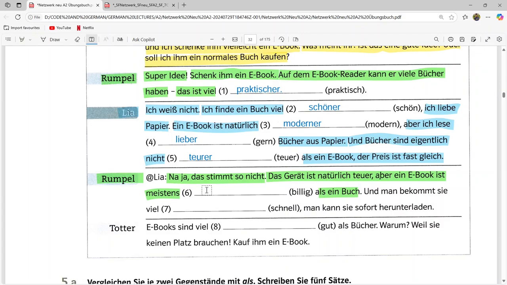So billig, the comparative form of billig is billiger. Okay. So a e-book is cheaper than a book. Und man bekommt sie viel blank schnell. So here the option will be schneller.